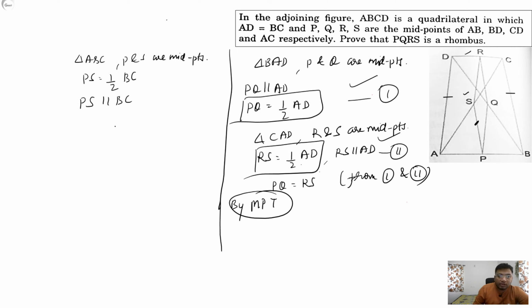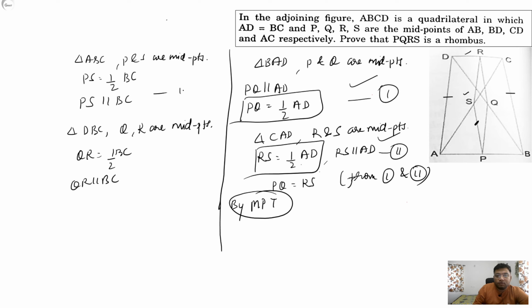Now, let's see triangle DBC. What I can see there is DC has a midpoint R and DB has a midpoint Q. So I can say Q and R are the midpoints. So I can say QR is half of BC and QR is parallel to BC.